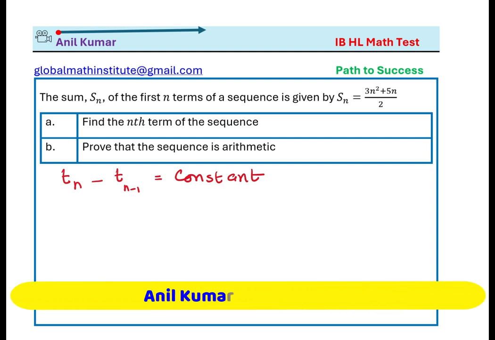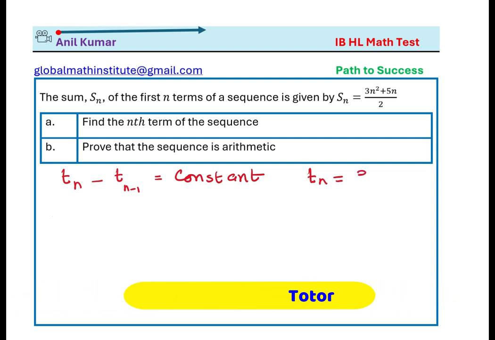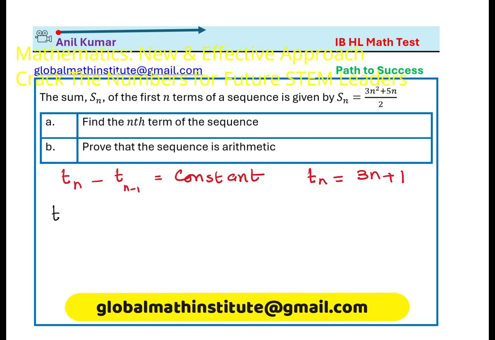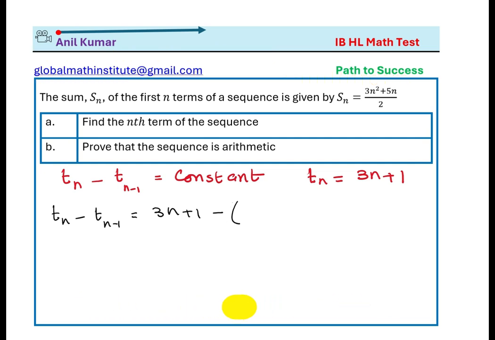We also figured out that the nth term was equal to 3n plus 1. And so the difference between the two will be what? So it'd be 3n plus 1 minus.